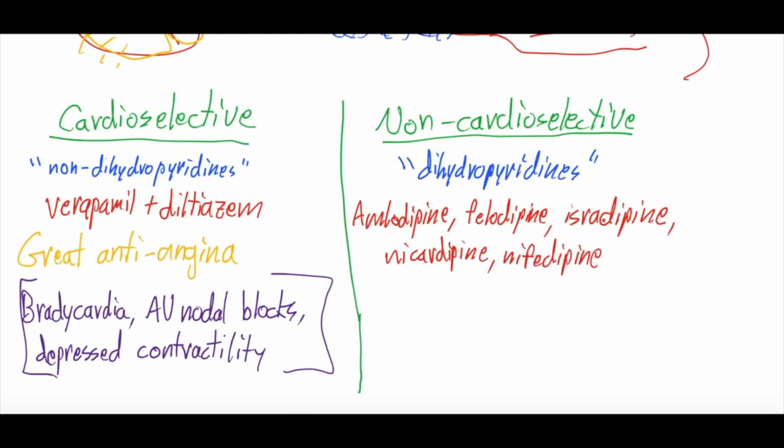These are all dihydropyridines or non-cardioselective, also nimodipine and nitrendipine, but I didn't include those. As such, these are often used for things like hypertension. So they're great antihypertensives.